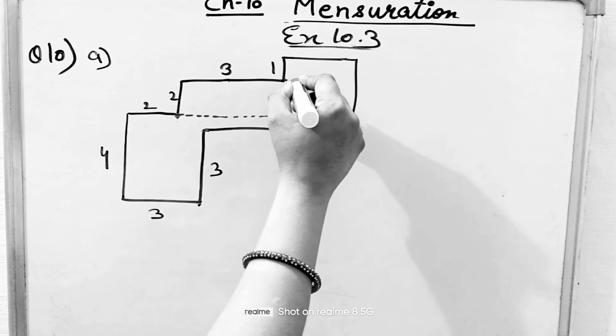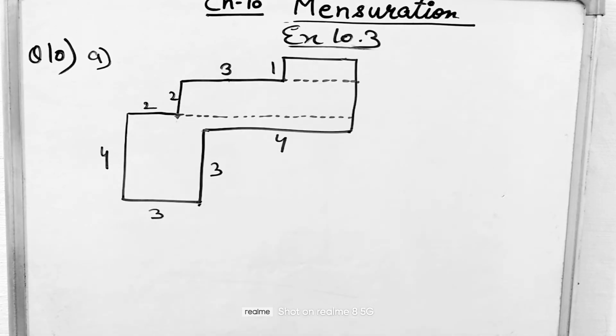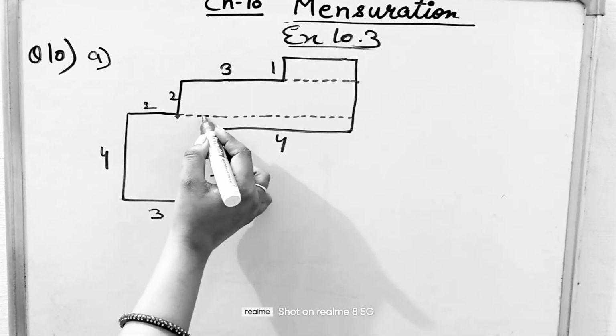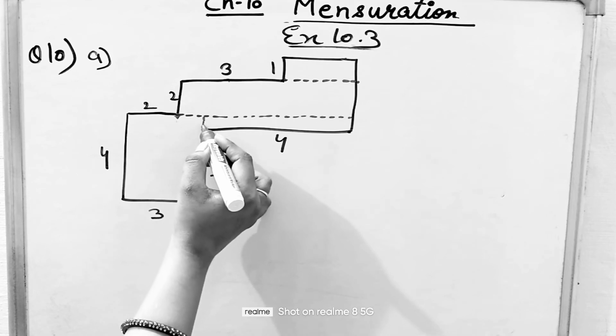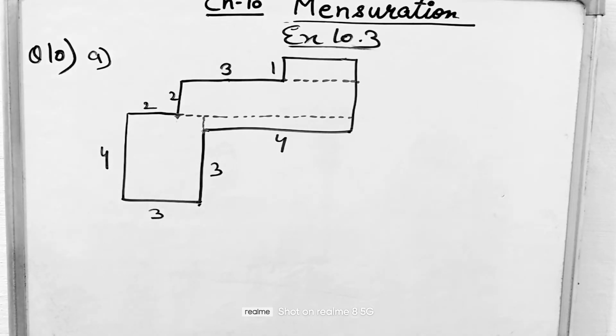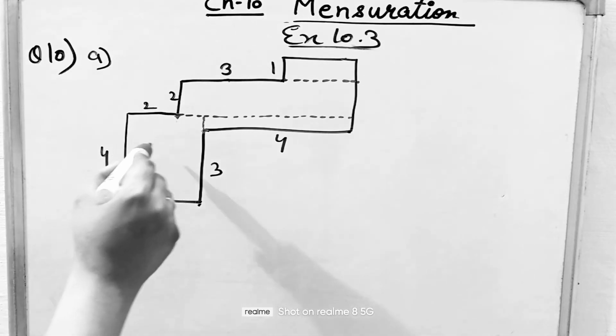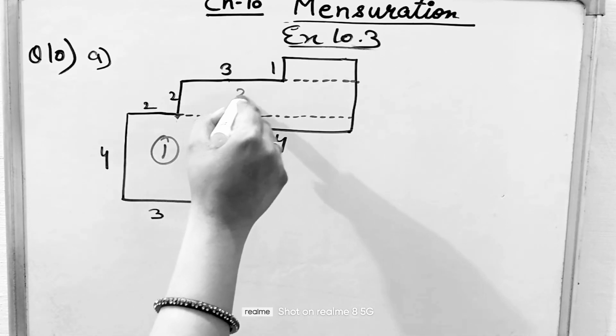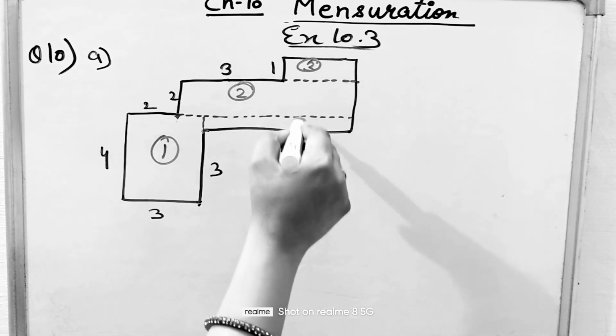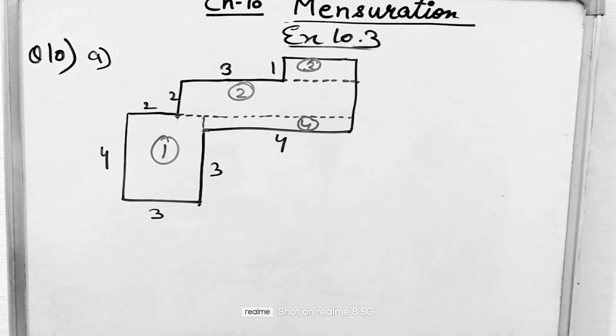This can be joined, and if you extend this to a little extent, this gives you 4 rectangles. Number 1, number 2, number 3 and number 4. Now you can find its area by just finding the area of these 4 rectangles and then adding them.